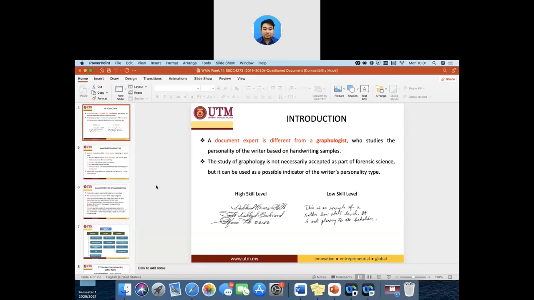We are studying the characteristics of the letters itself, cara penulisan, like the pen pressure and the ink concentration, all of those things on the paper, rather than coming out with the personality of the person, which is not in the field of forensic science.